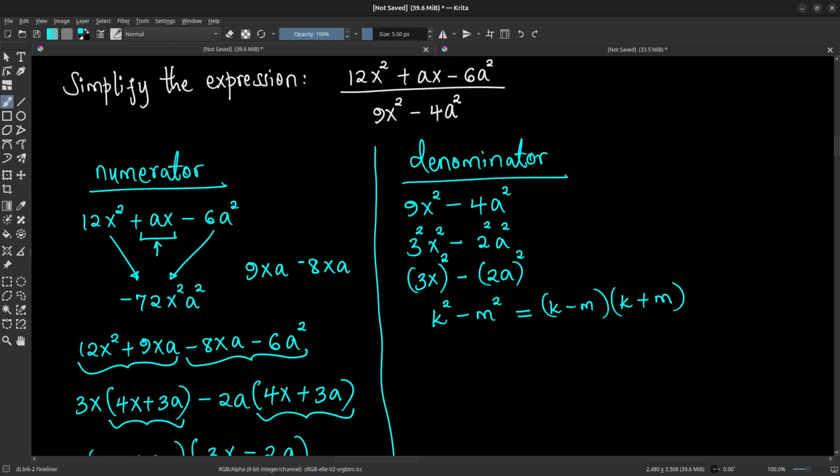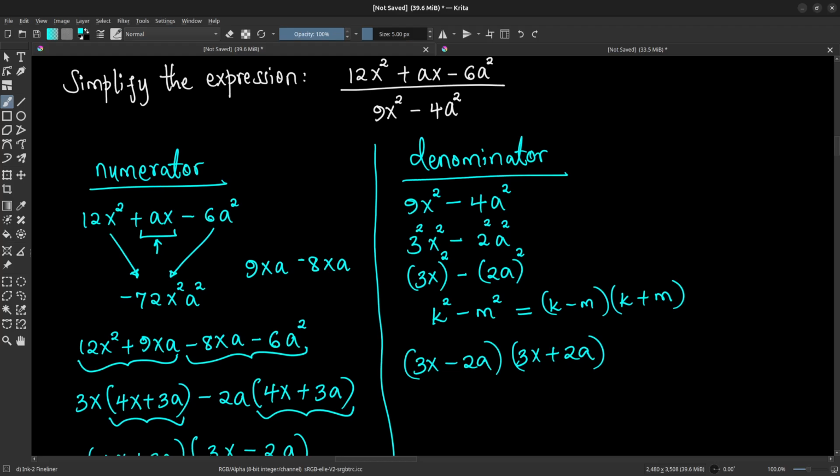So we apply the same principle, and in our case, the k corresponds to 3x and the m corresponds to 2a. So this expression is the same as 3x minus 2a times 3x plus 2a. This is the complete simplification of the denominator.